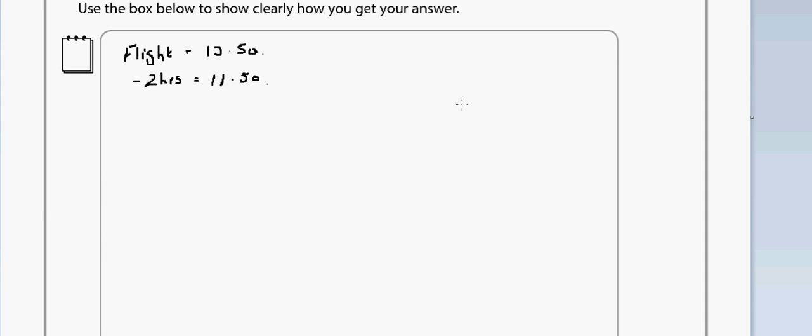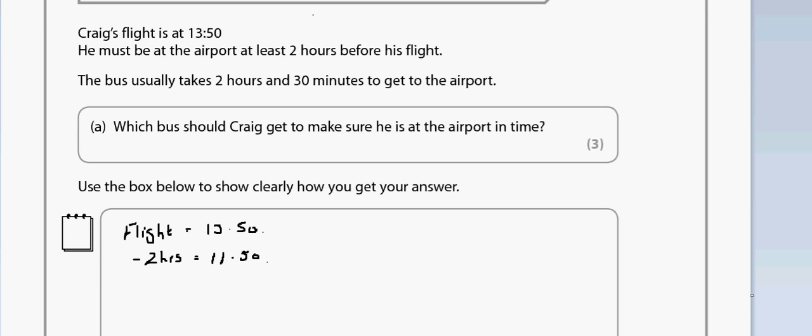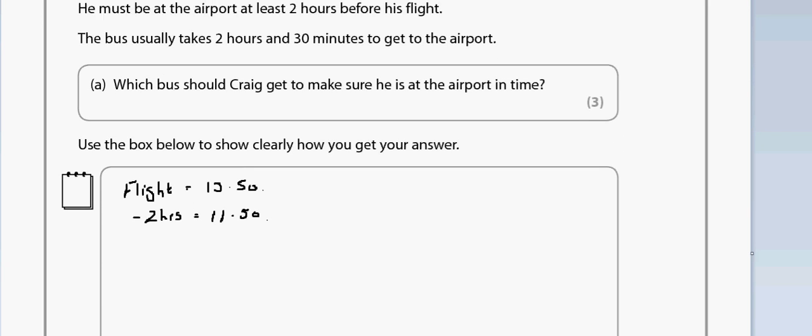Okay. Now we also know that the bus takes 2 hours and 30 minutes to get to the airport. So if we take away 2 hours and 30 minutes, then 2 hours from 11:50 would be 9:50, and then the 30 minutes would mean that the latest he could leave would be at 9:20.